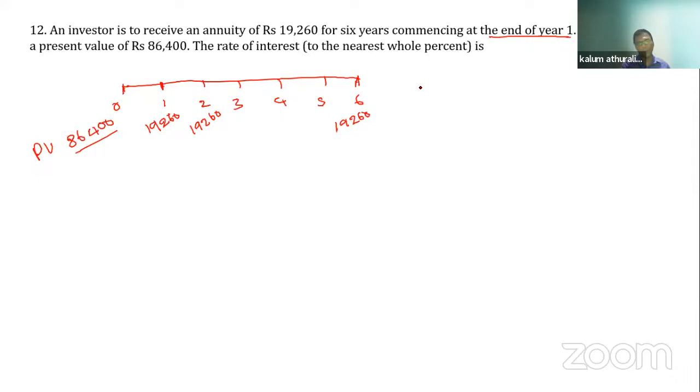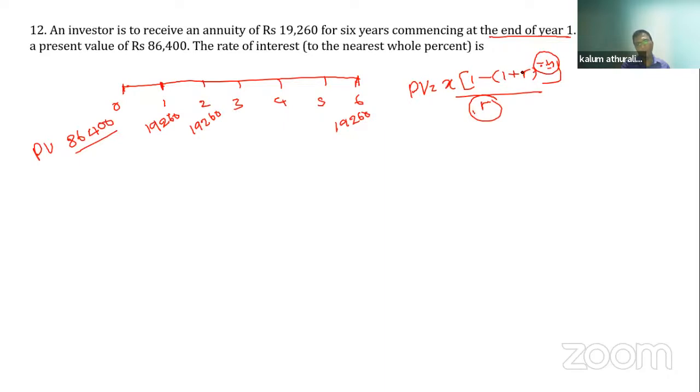Then if you use the formula, PV equals X times 1 minus 1 plus R to the power minus N, divided by R, which is the normal formula, you can't find the R using this one, because making R the subject is difficult as the powers of R are different.